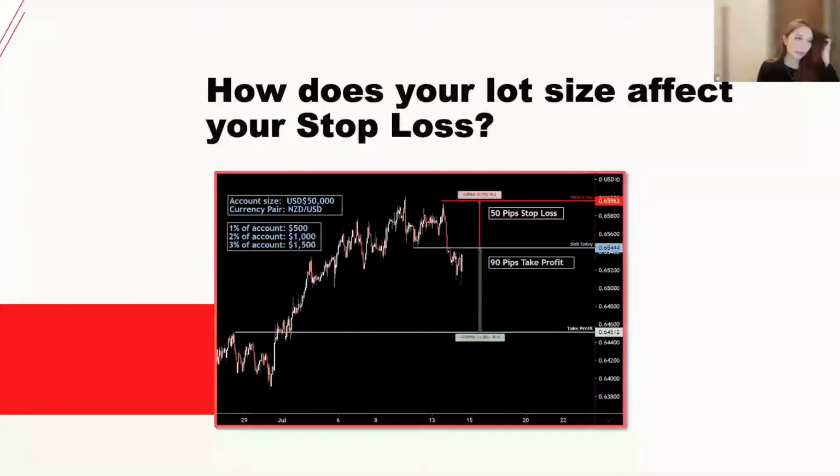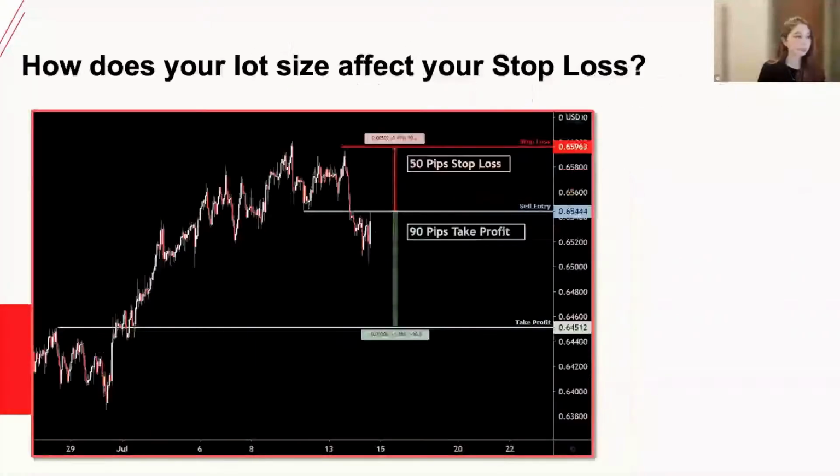However, if you are more keen on looking at pips, do calculate against your capital and margin level. So for example, if you're looking at a 50 pips stop loss, use that to backwards calculate to your account what is the appropriate lot size for you to enter for this trade.